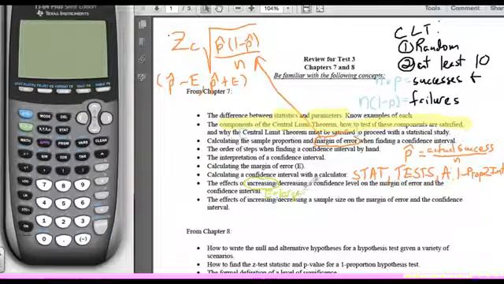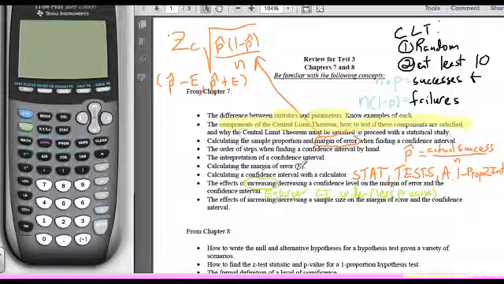You're going to have more error, and it's going to make your confidence interval wider, which means you are less precise. So increasing the confidence level, while you are becoming more confident in your result, you're adding more error into your result, and your confidence interval is wider, and therefore it's less precise.